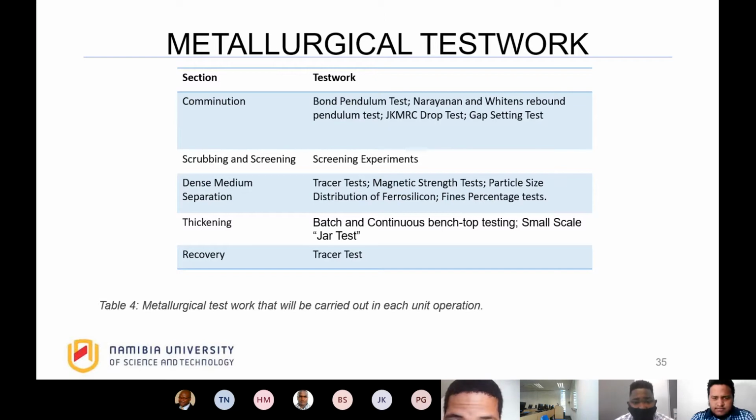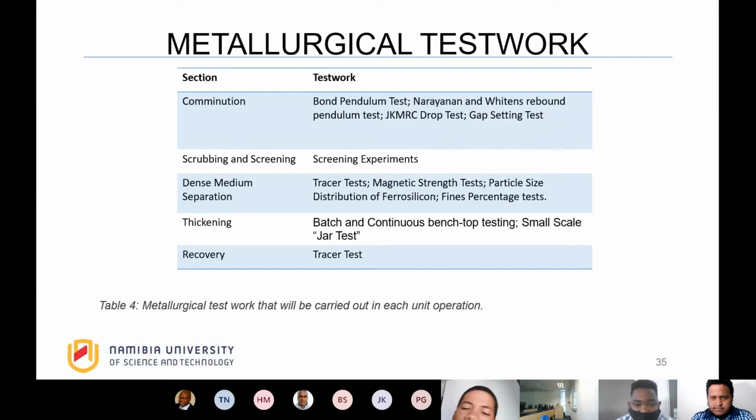Okay, so for the metallurgical test work. For your comminution, the different tests that will be done will be your Bond pendulum test, your Narayanan and Whiten's rebound pendulum test, your JKMRC drop test, and then your gap setting test.